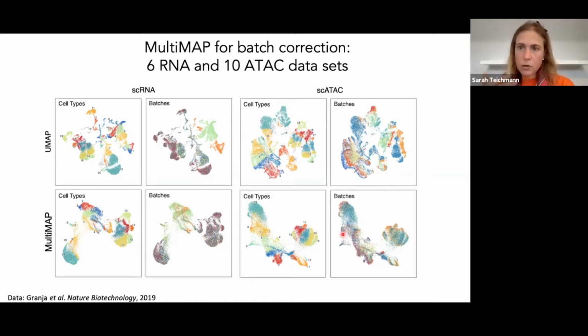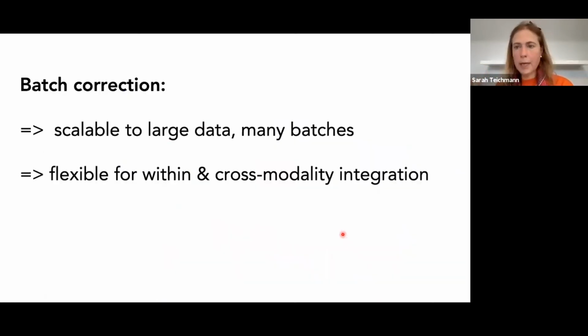So I don't want to advocate MultiMAP as a batch correction method, but I just want to highlight that it's one possible application of this framework. So it's scalable to large data sets, many batches. It's flexible for both within and cross-modality integration.